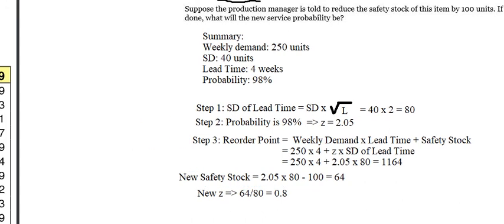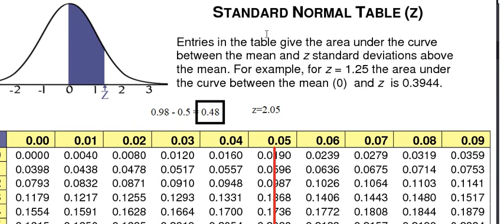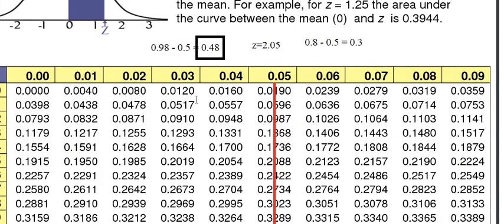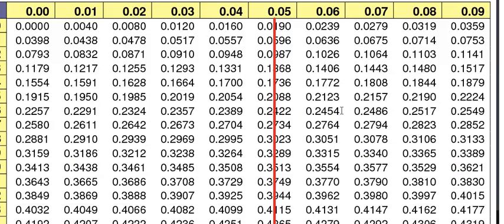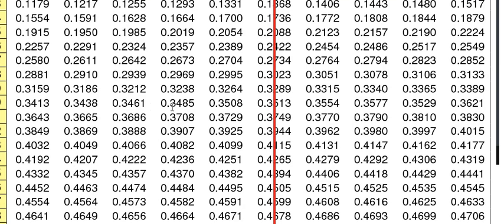Now we will use the standard normal table again. So we have 0.8, we subtract 0.5, and we get 0.3, sorry. So here we will find 0.3 in this table, and that should be about this number here.